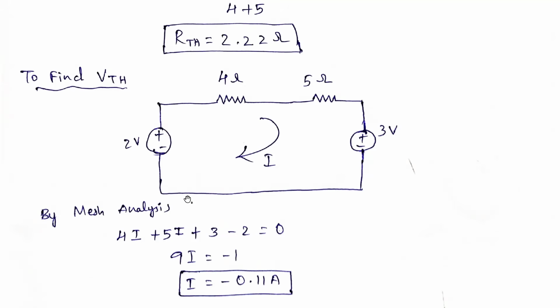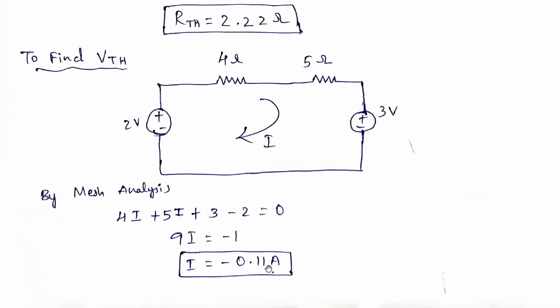So it is 4 into I plus 5I. This is positive to negative, so it is positive. Plus 3 here, minus 2, is equal to 0. So 9I is equal to minus 1. I is equal to minus 0.11 amperes.